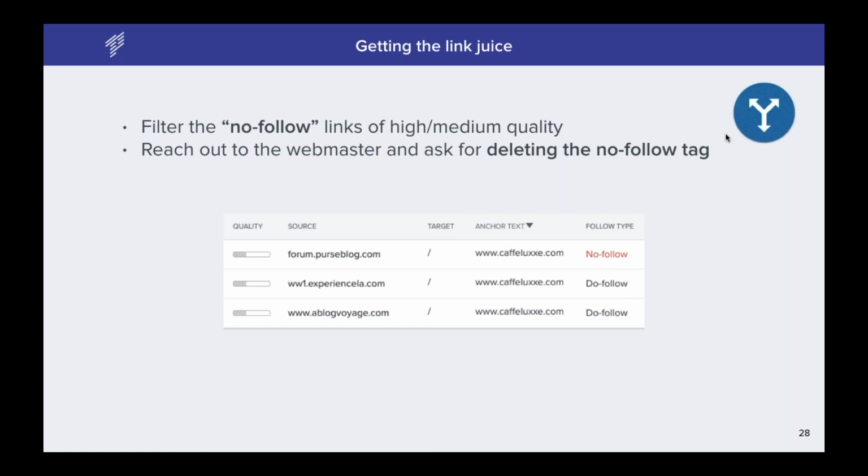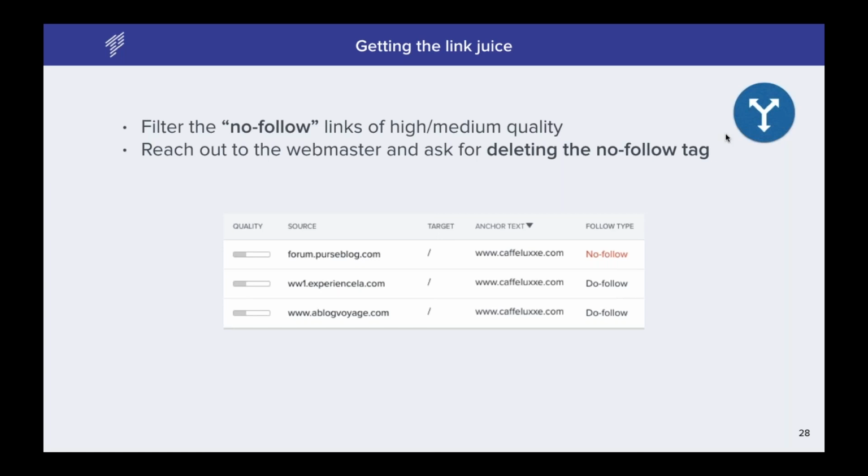Make sure you look at all of those, and it's pretty easy: just reach out to the webmaster. Maybe they've done it on purpose. Maybe they just have a rule that all their links are nofollow. It depends on the website, really. But it's not a problem to ask the webmaster to delete the nofollow tag, because you would really like this link juice to be passed on.